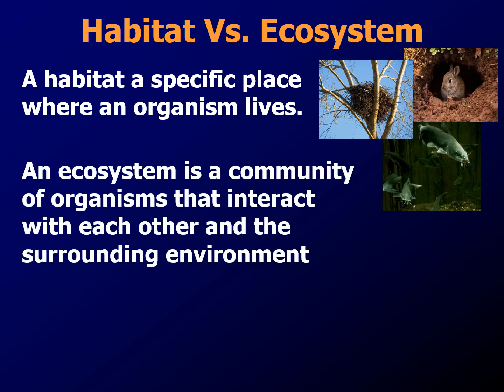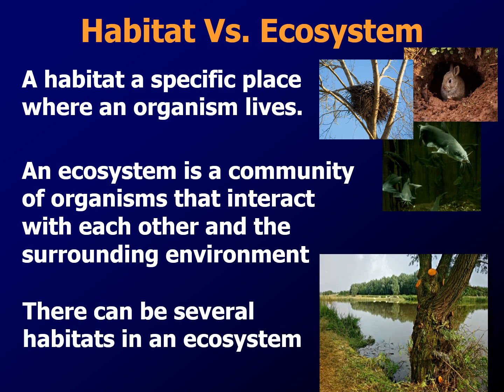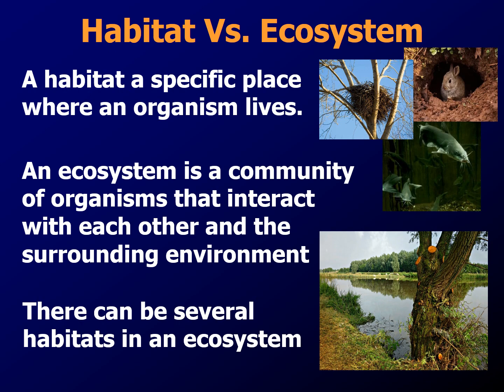While an ecosystem is a community of organisms who might live in various habitats, but they interact with each other and the surrounding environment. Consequently, there can be several habitats in an ecosystem. So, simply stated, we can think of a habitat as being the home inside the village of an ecosystem.